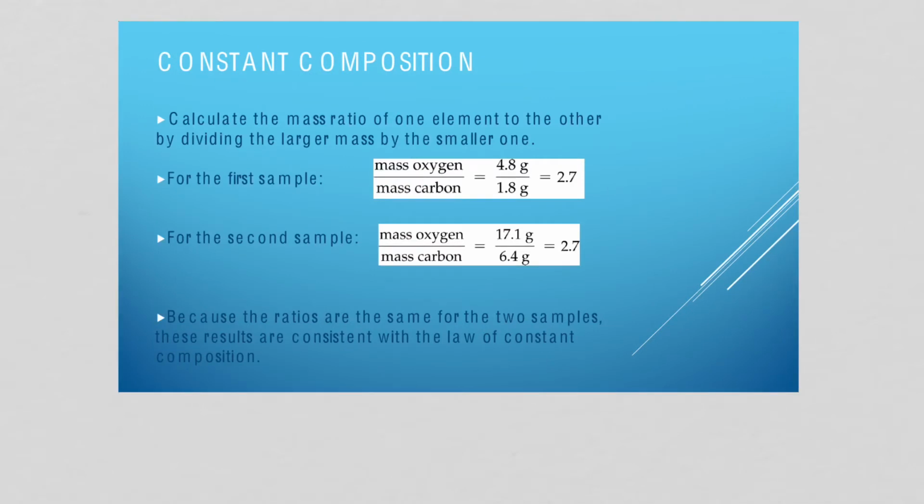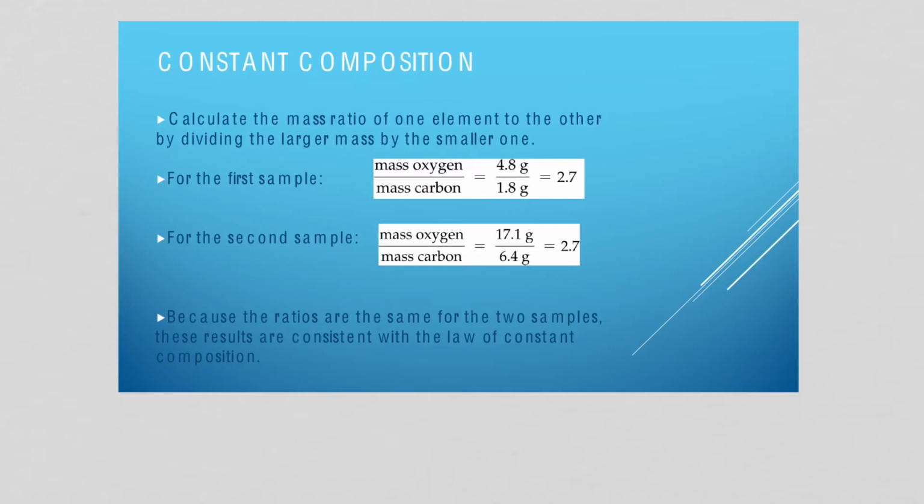Now, one of the ways that we can mathematically show this constant composition is to look at the mass ratio. If we have constant composition, any sample of that given compound will have the same mass ratio between the elements in that compound. So if we always have the same number of hydrogens and oxygens, or carbons and oxygens, then the ratio of the masses should always be the same.